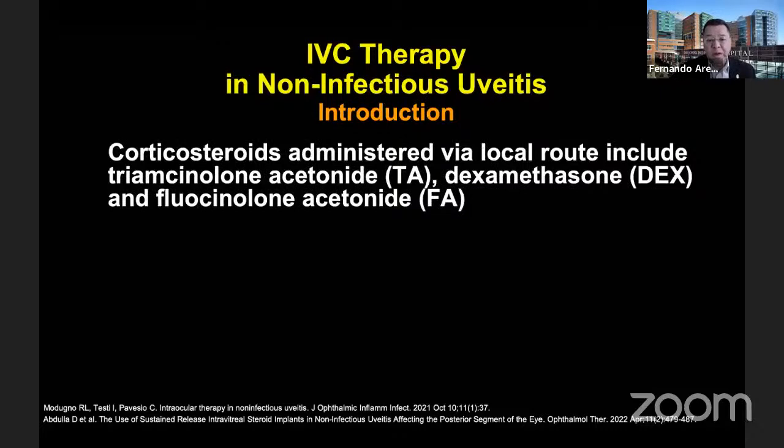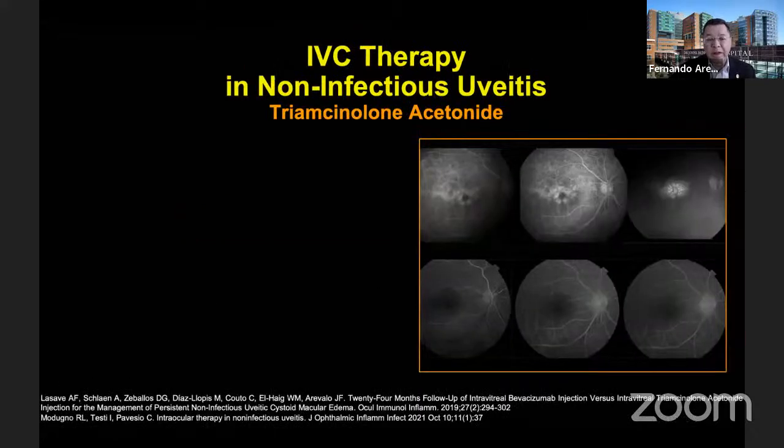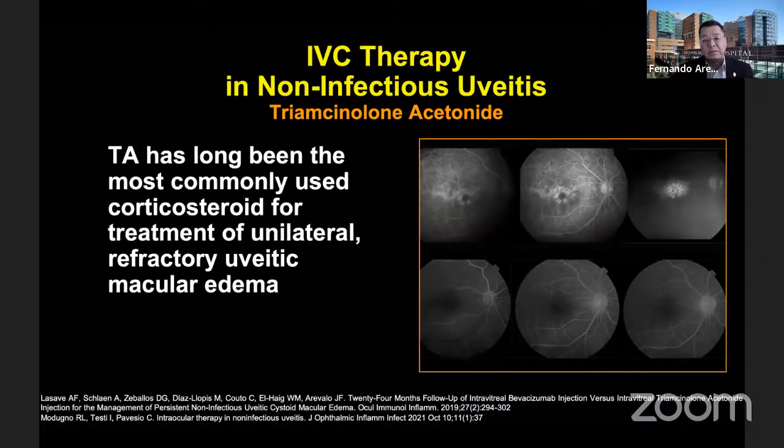Corticosteroids administered locally include the triamcinolone acetonide injections, the dexamethasone implant, and the different options in terms of fluocinolone acetonide implants. So let's talk about triamcinolone acetonide. It has been for a long time the most commonly used corticosteroid for the treatment of unilateral refractory uveitic macular edema.